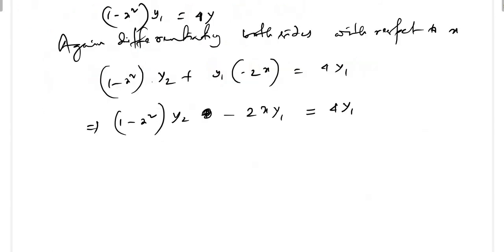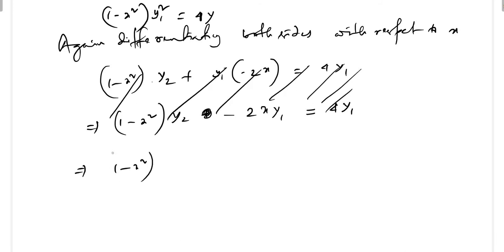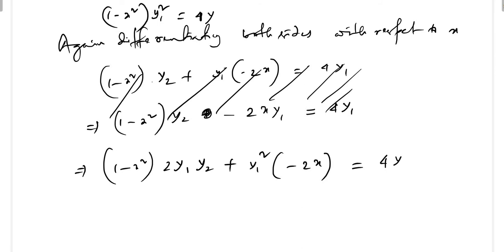So it is wrong actually, y1 square. Let me do it again. So 1 minus x square into the derivative of y1 square, which is 2y1 into y2, since the derivative of y1 square is 2y1 and again the differentiation of y1 is y2. So it is first function into derivative of the second, plus y1 square into derivative of the first, that is minus 2x, equal to 4y1. I think now it is correct.